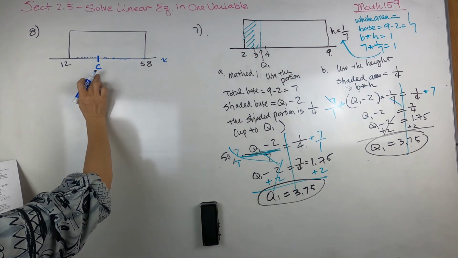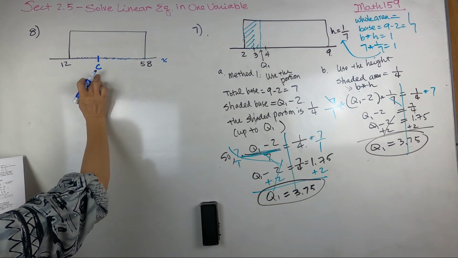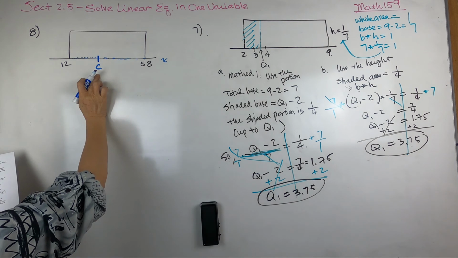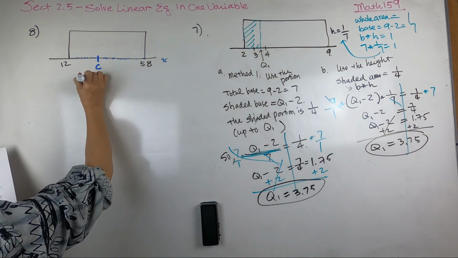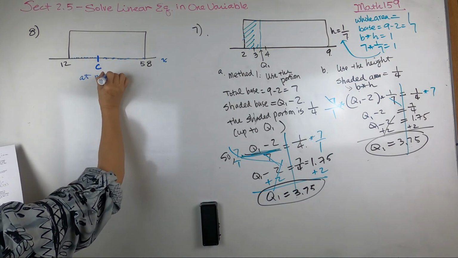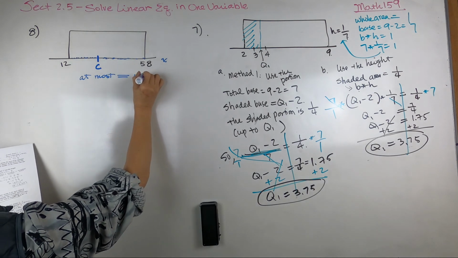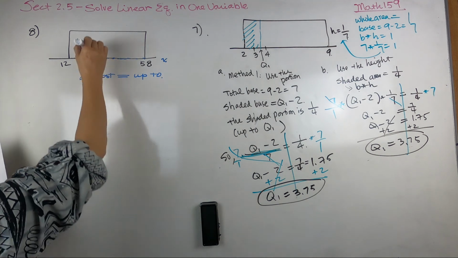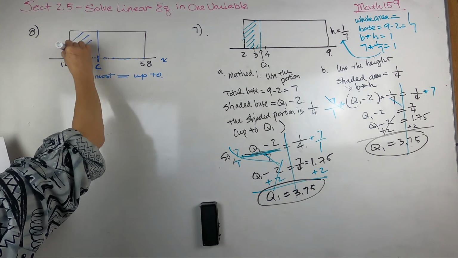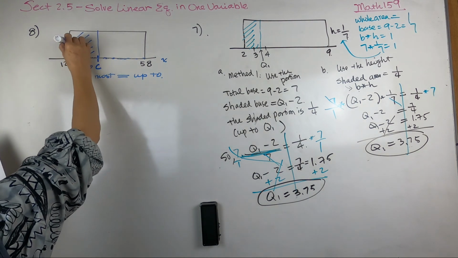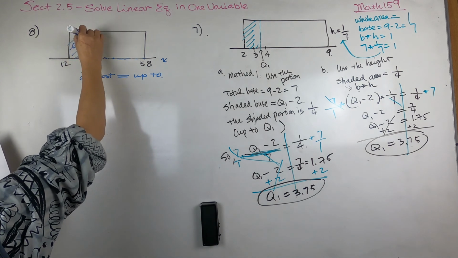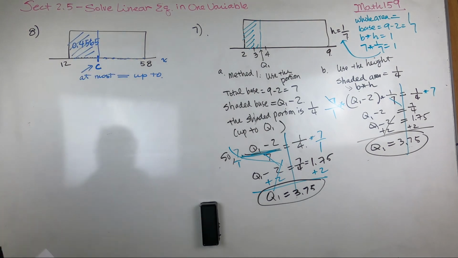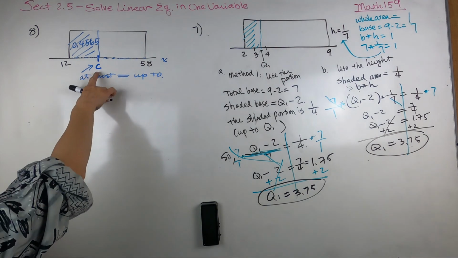But up to c is what? It happens at the most, at the most means up to this number. At the most at c, so this shaded area would be 0.4565. So the probability is 45%, up to c.